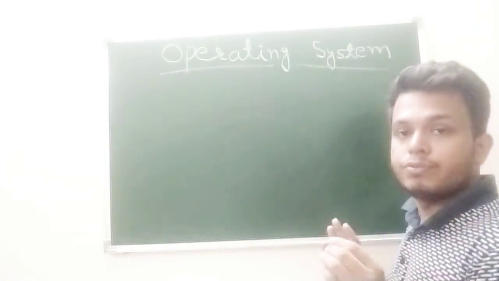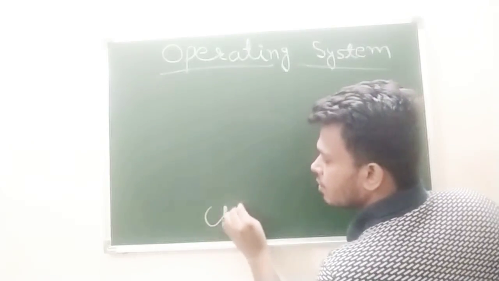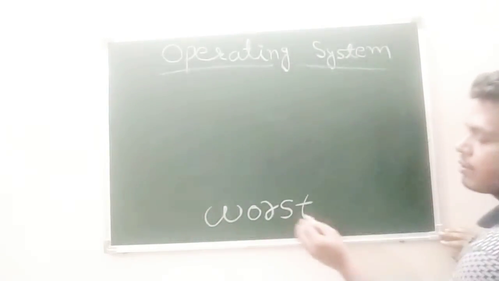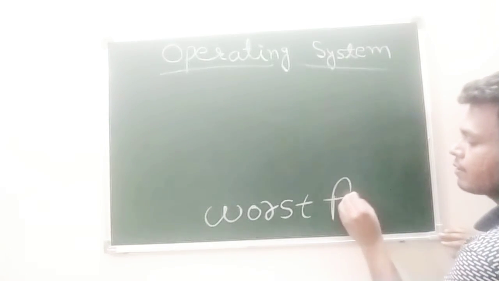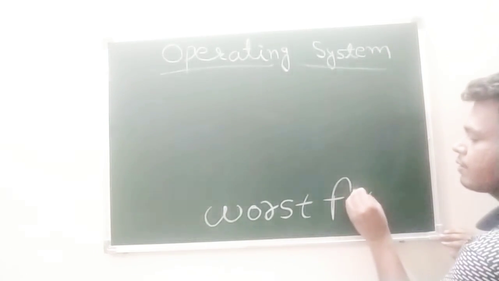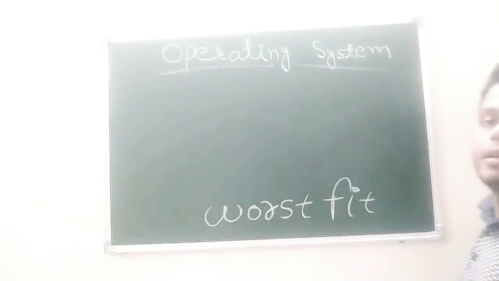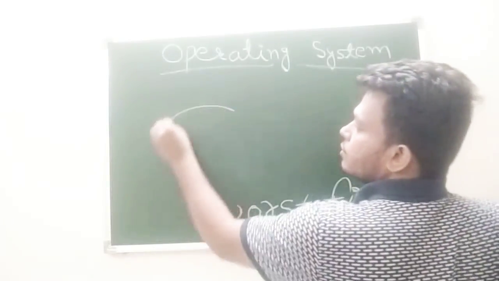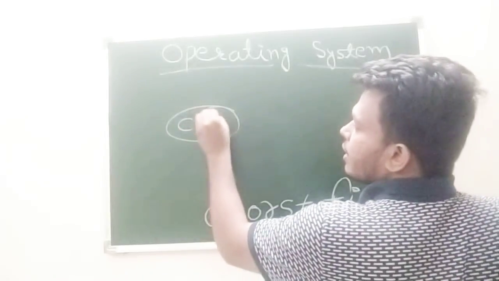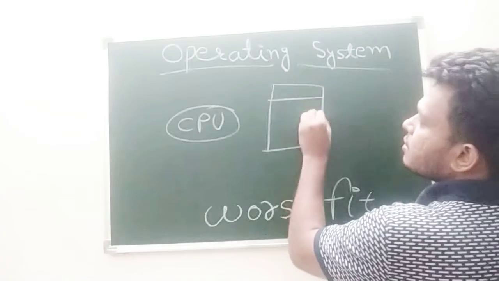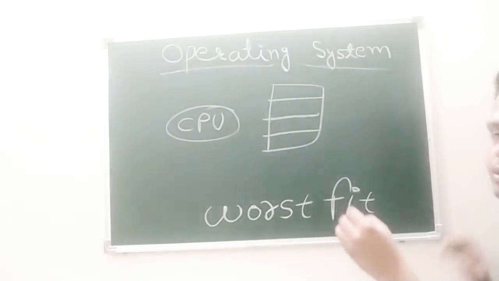We are implementing worst fit. Clear? In worst fit, this is your CPU as usual, this is your main memory as usual, and this is its partition.